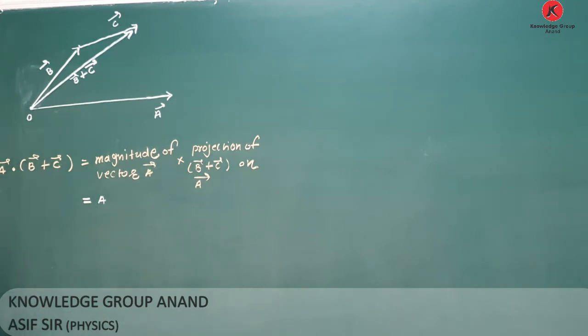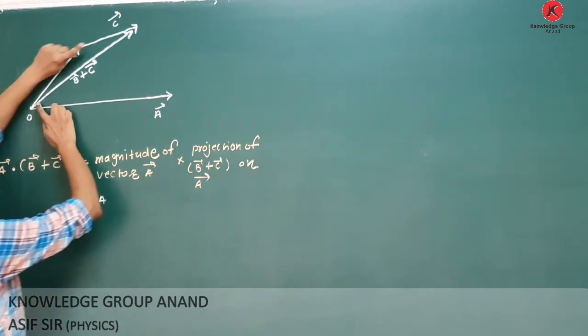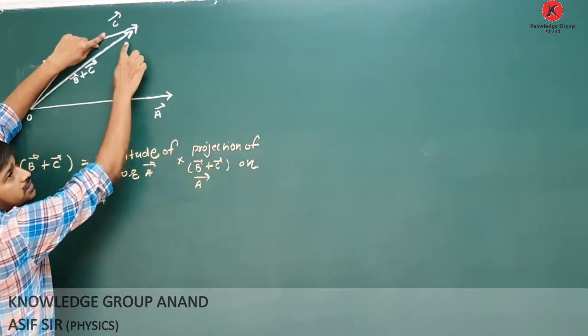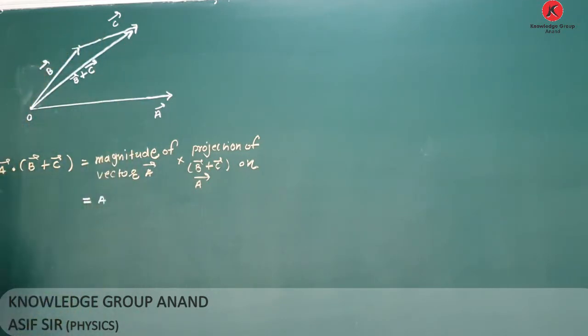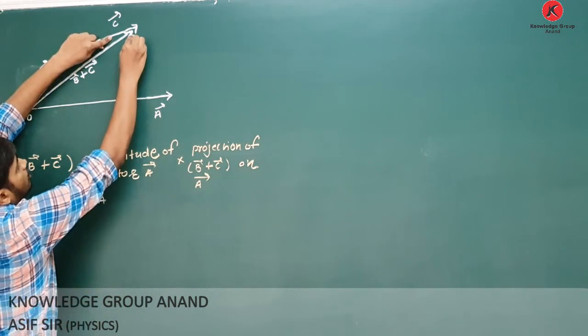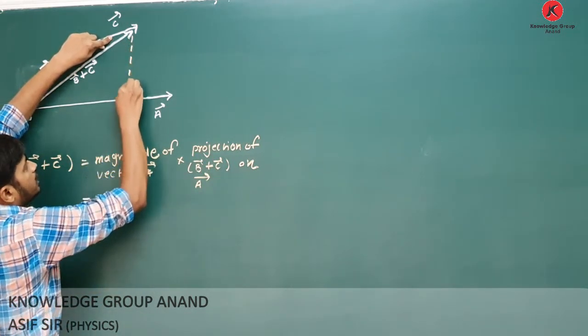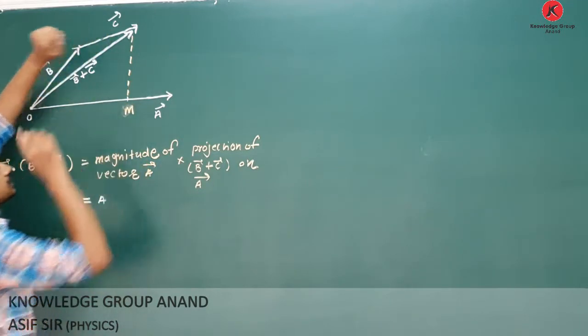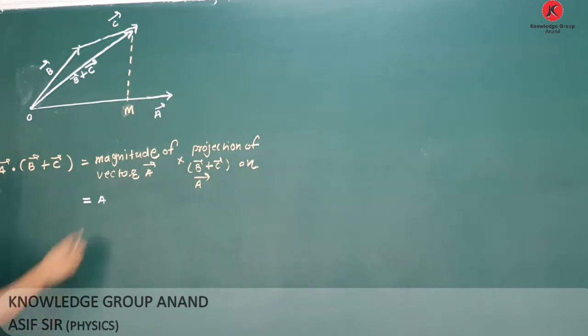Projection of B plus C on A means, now you know vector B plus C, you have to draw a perpendicular from its head on A. Let it be M. Clear about this? Then how to write this?